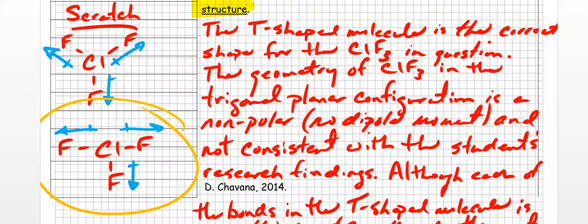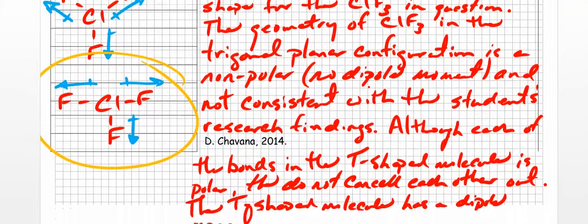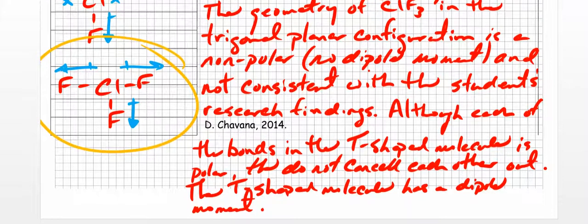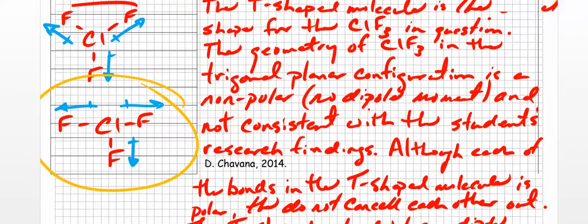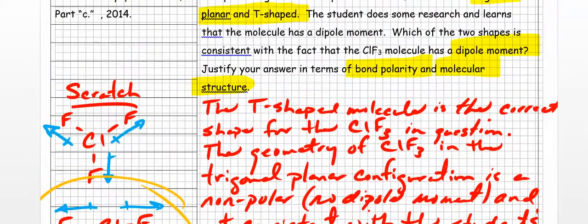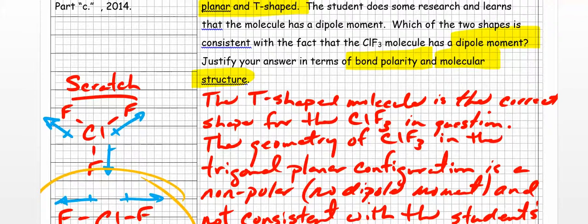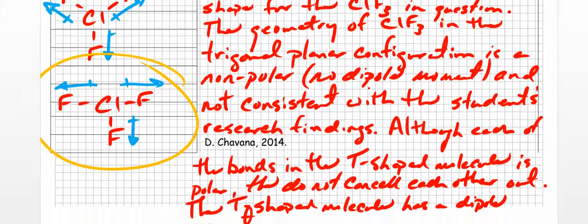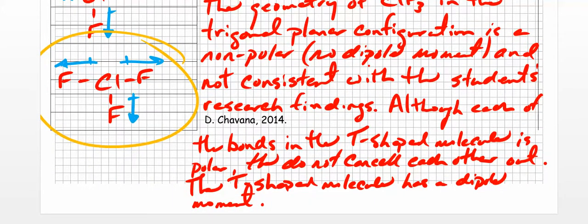Then I go on to write, although each of the bonds in the T-shaped molecule is polar. Notice how I'm careful: I had highlighted the words bond polarity in the question, so I want to make sure that I mention bond polarity in my answer. It says, although each of the bonds in the T-shaped molecule is polar, they do not cancel each other out.